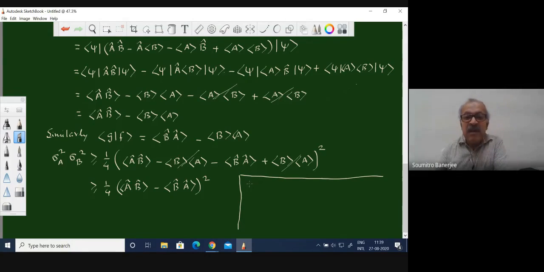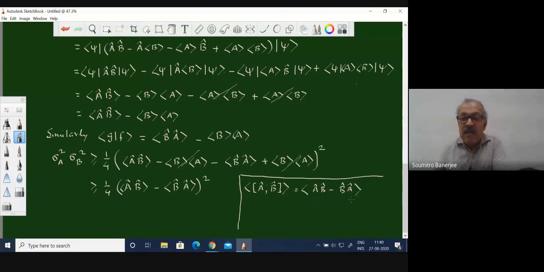Now you see, if you have A comma B, the commutator of these two, then we can write this as the expectation value of the commutator, so AB minus BA.